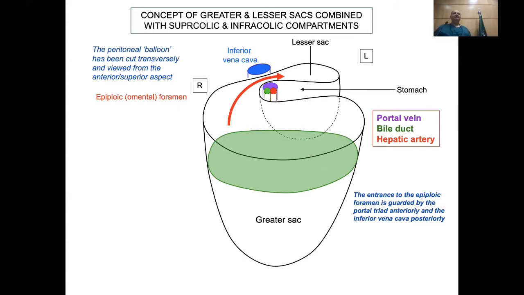What is a partition? You know, in your closets, in your home, you have shelves. So it's a divider. It divides my abdominal cavity into an area above it and an area below it. The area above it, I call the supracolic compartment. The area below it, I call the infracolic compartment.